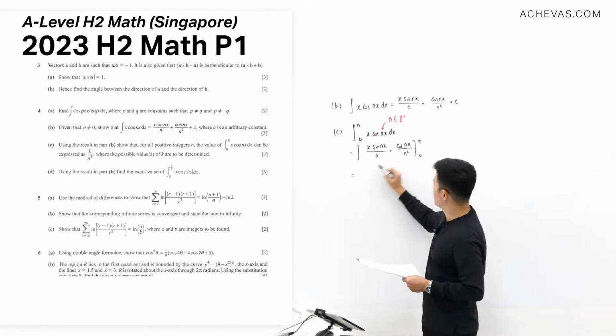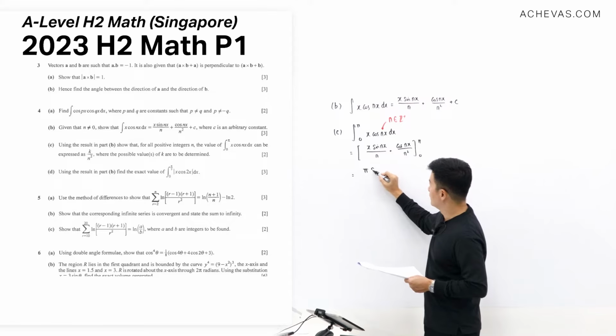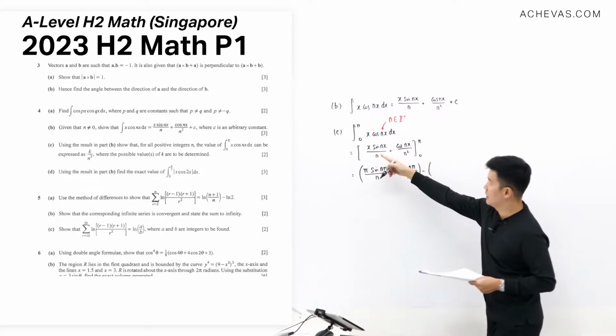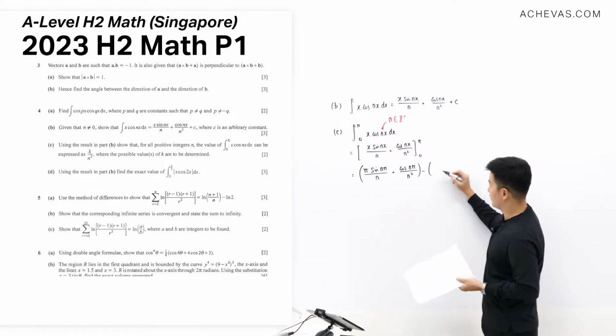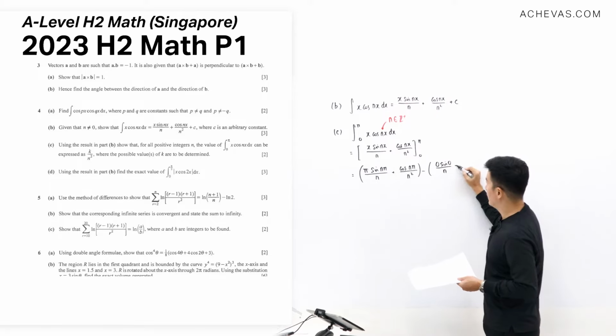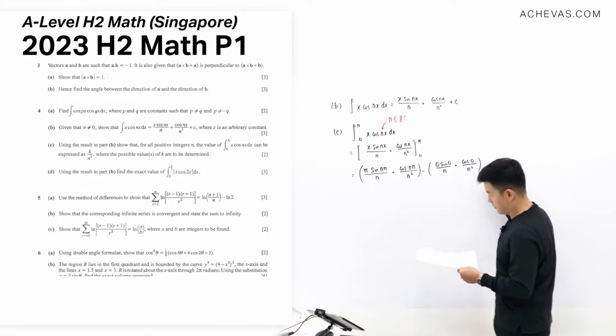So this is going to be equal to pi sine n pi over n plus cosine n pi over n squared. So this will be the first expression, minus, oh, this is just going to be 0. Okay, I'm going to still just write first. So we have a 0 sine 0 divided by n plus cosine 0 over n squared.